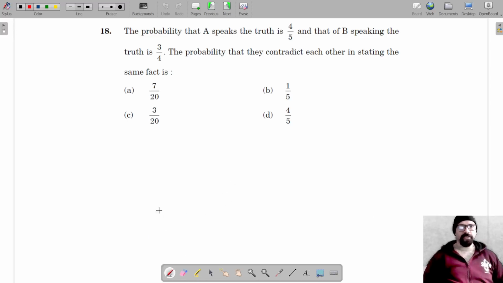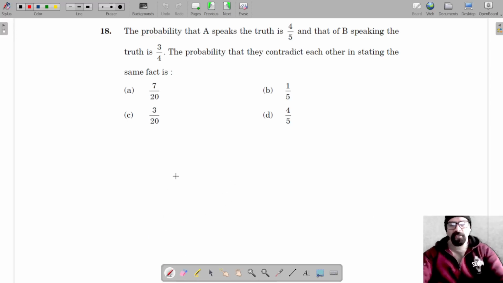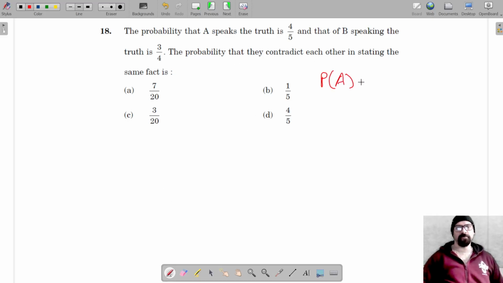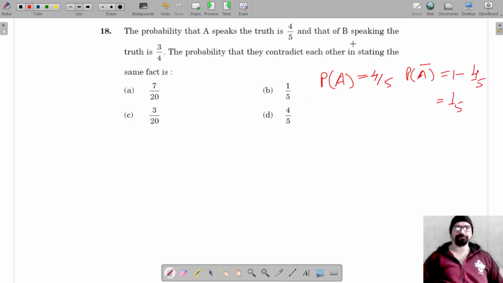Ready for question number 18. It's given that the probability of A speaking the truth is 4 by 5. So the probability of A speaking truth is 4 by 5, and let's also find out the probability of A not speaking truth, which is equal to 1 minus 4 by 5, which will give us 1 by 5.